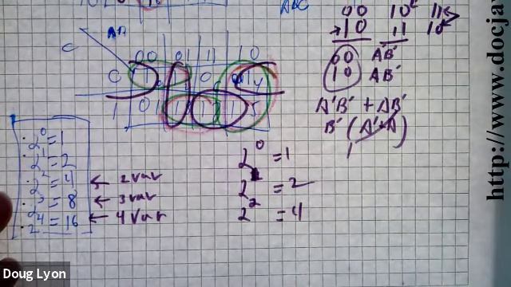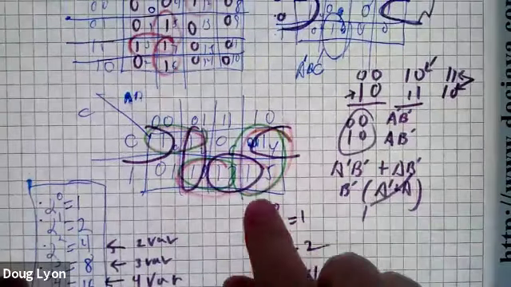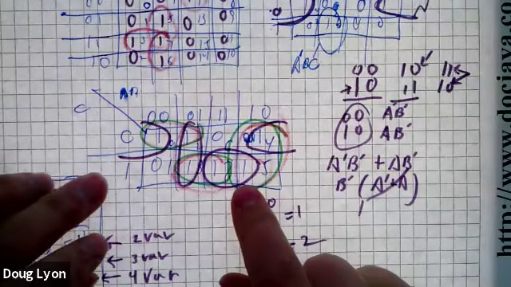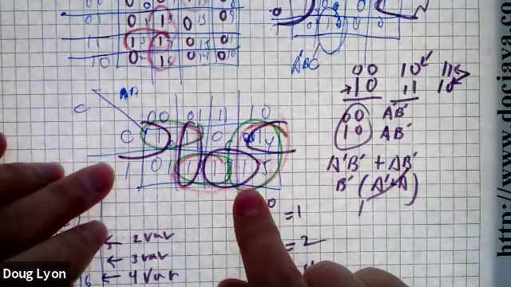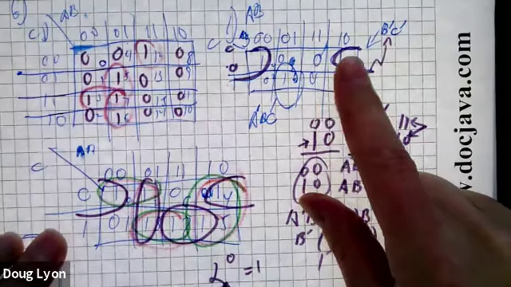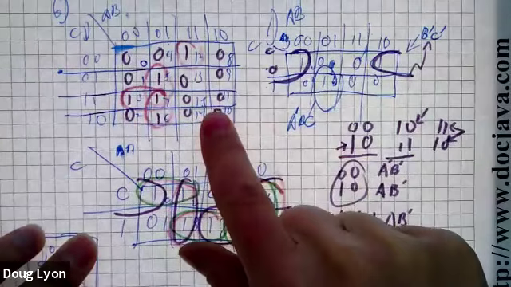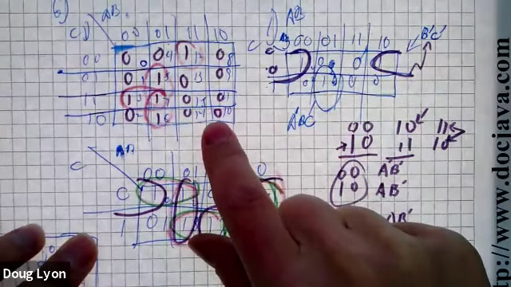Let's do another. Yeah, this is a good one. I like this one here. This comes from one of the problems in the homework. This is problem 6, homework 4.